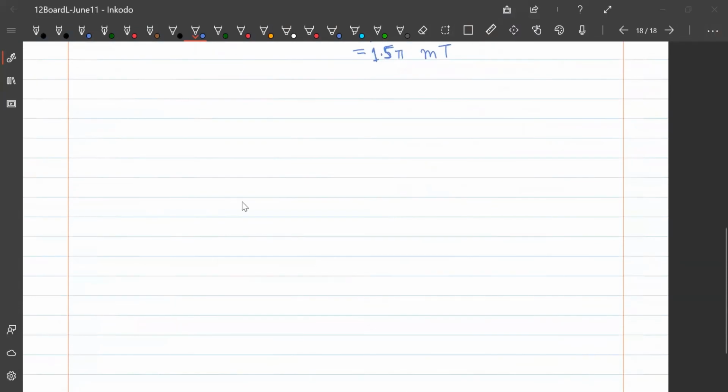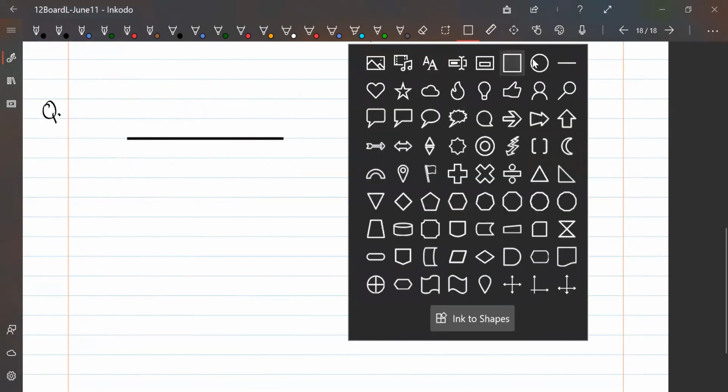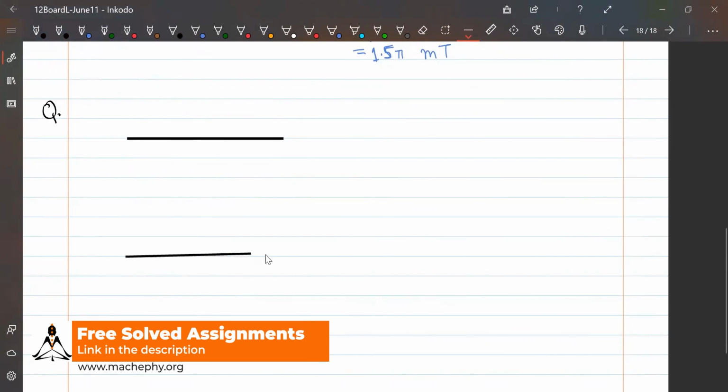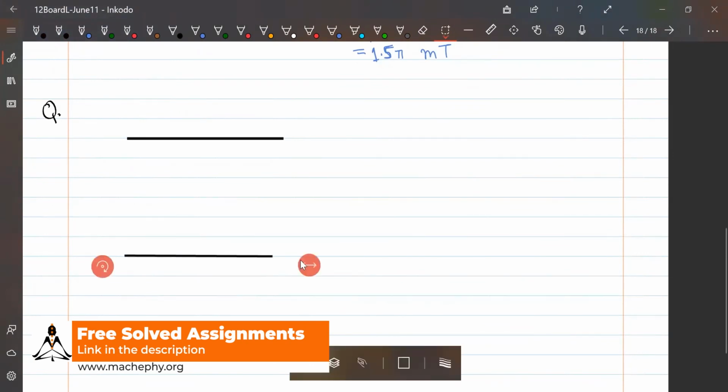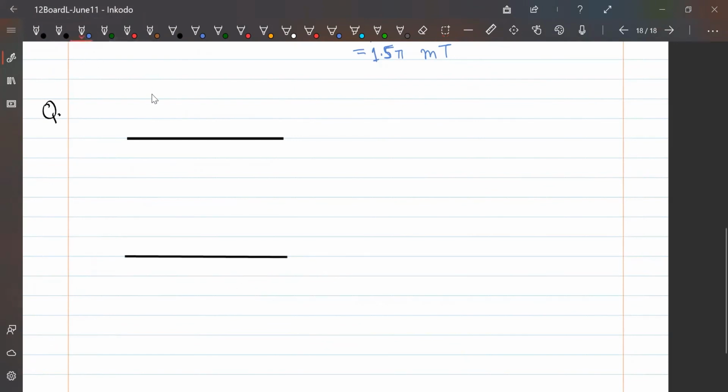Okay, moving on to next question. So suppose we have an arrangement like this. We have two straight wires, and then two semicircles.